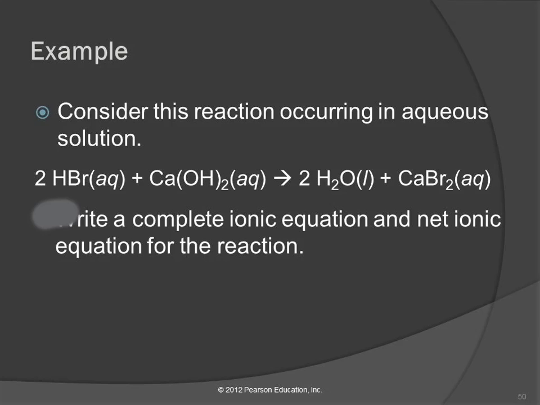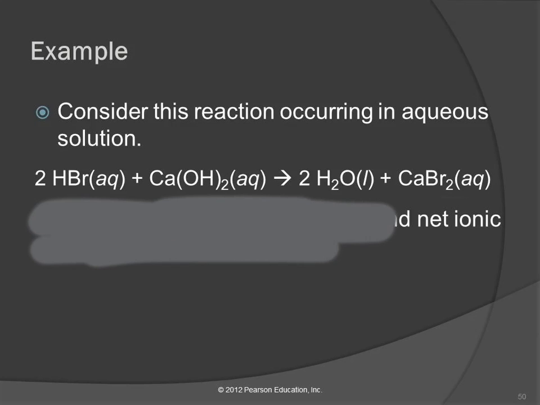I'm going to give myself a little more room by crossing that part out, because I can. So for the complete ionic equation, we need to look at everything that says aq, and if it says aq, we're going to separate it into ions. We're not going to break the water into ions because it's a liquid. So only the things that say aq.